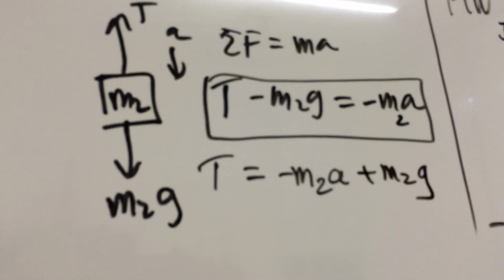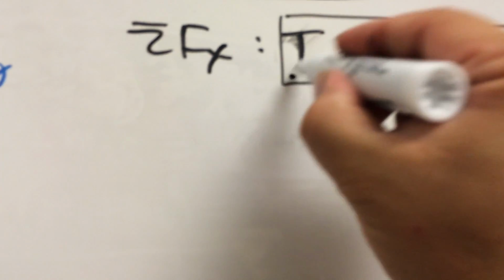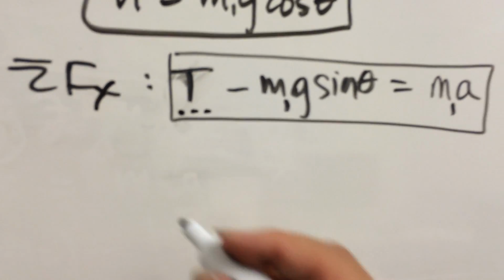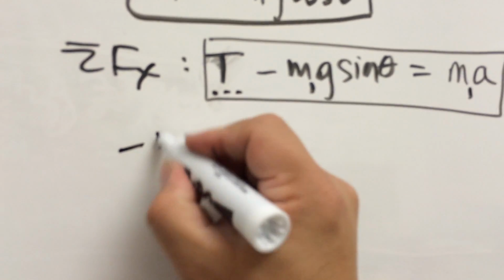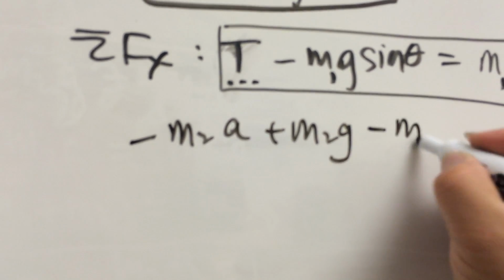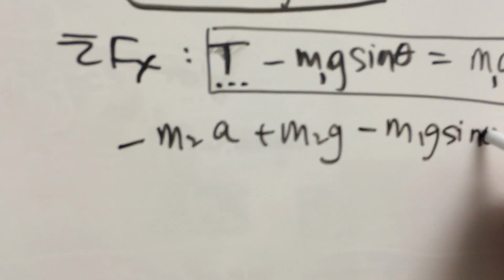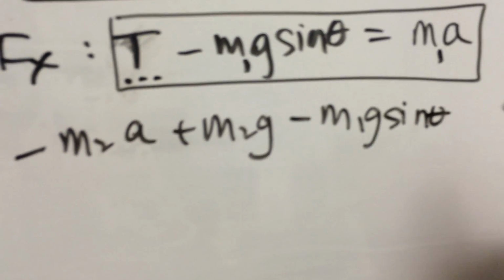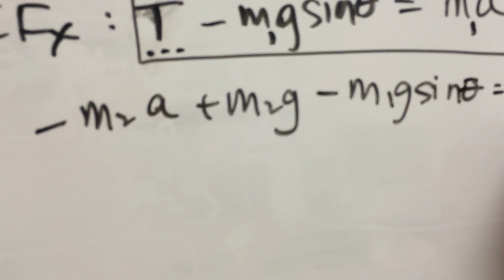Plugging that into the T here, we end up with minus m2a plus m2g minus m1g sine theta is equal to m1a.